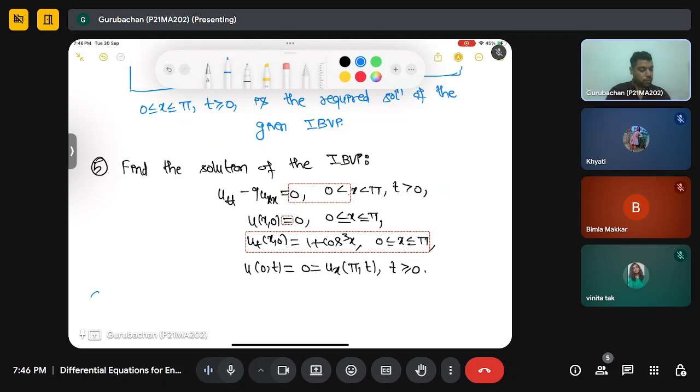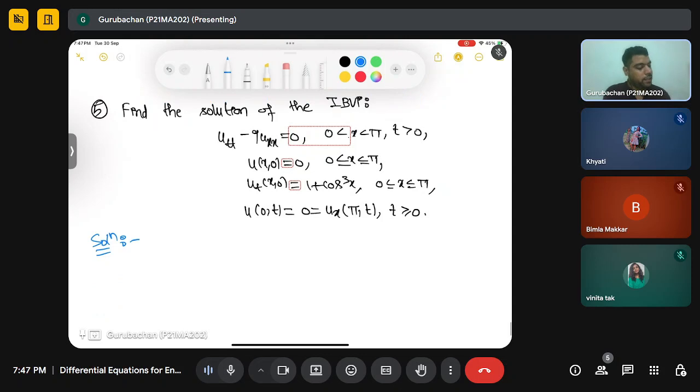So from here, let me first quickly write what the Sturm-Liouville system will be in this case. Let u(x,t) be any non-trivial solution, that is X(x)T(t), a non-zero solution.